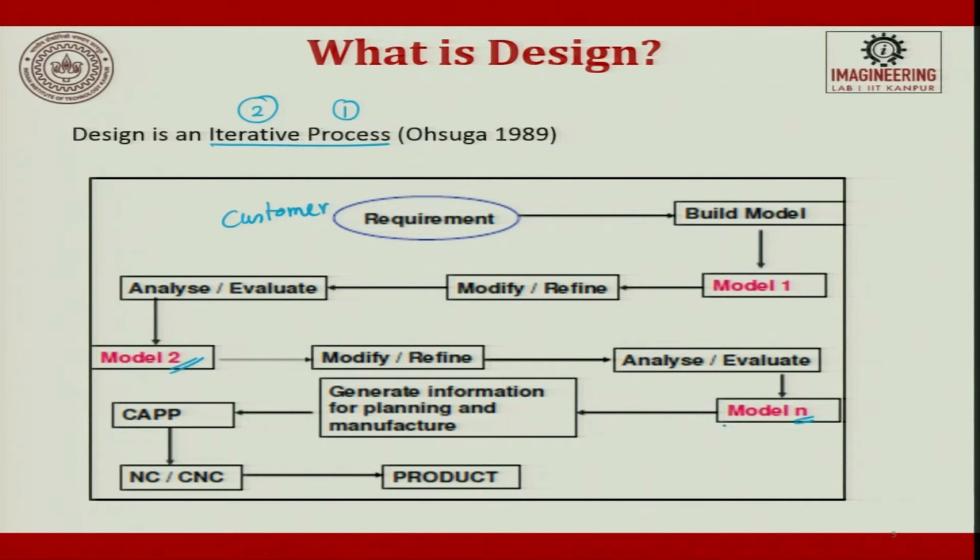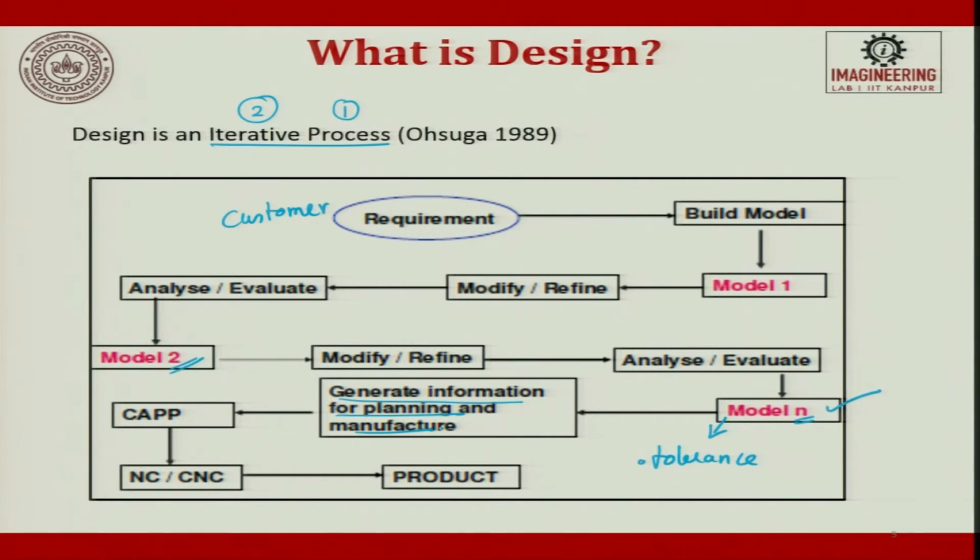Once the model is frozen, then the model is transferred for generating information for planning and manufacturing. Product is approved, now the product has the tolerance which is given, and now we try to make a detailed manufacturing drawing. Till now we were talking about a 3-dimensional product.